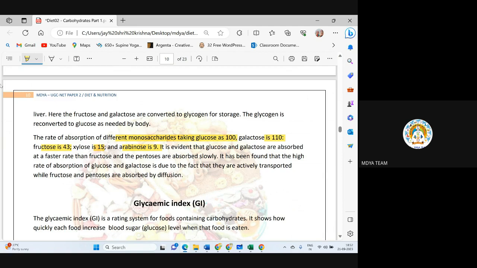So we have to remember these three, which are important: glucose, galactose, and fructose. The highest rate of absorption is for galactose, which is absorbed very quickly. Then glucose, and then fructose, which is absorbed very slowly.